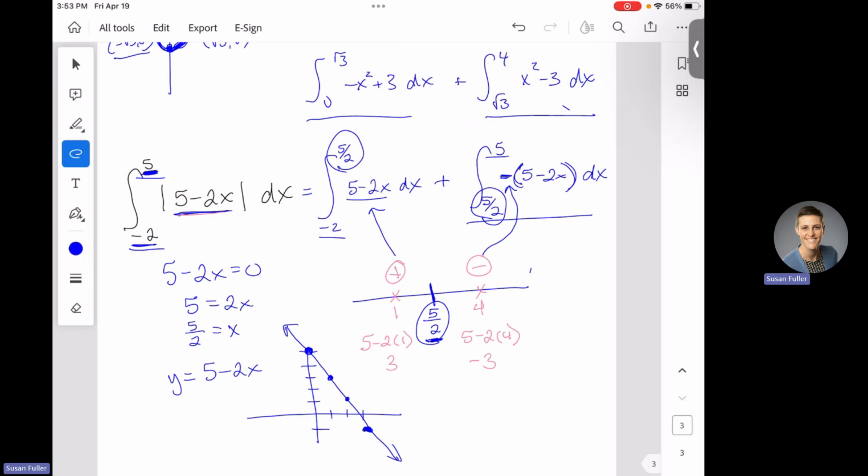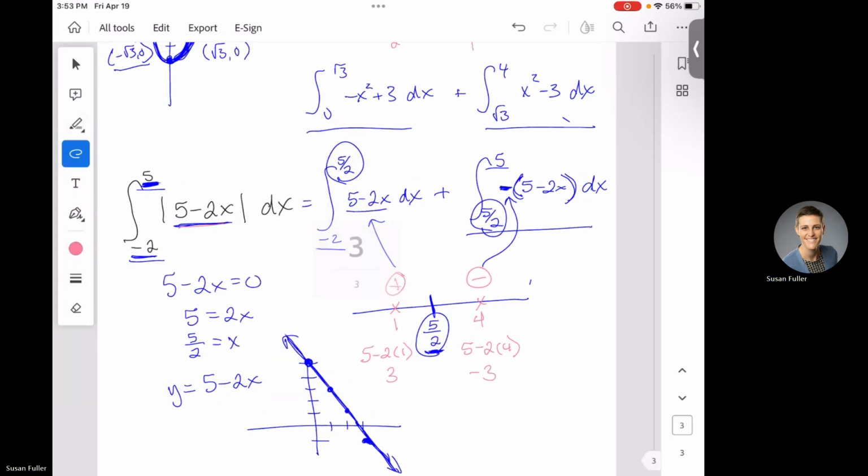And so I know this function is above the x-axis over here, and it's below the x-axis over here. So I would need to find out what this x-intercept would be. And again, to find that, you're going to set your y value equal to 0, which is right here. You'll solve it out and you'll get x equals 5/2. So this is the point (5/2, 0), right? (2.5, 0).